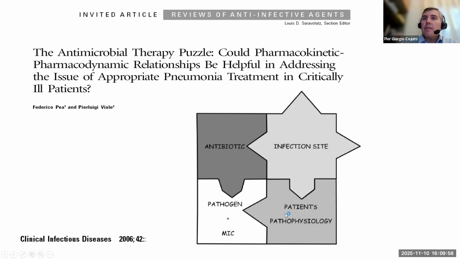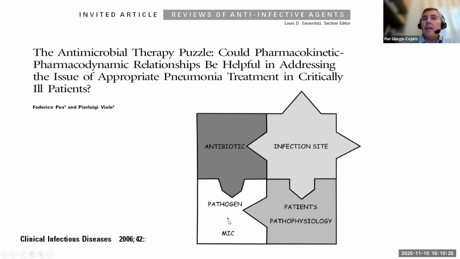The third part is the patient pathophysiology, and this is a very interesting part to consider. For instance, a patient with renal insufficiency, a patient with augmented renal function, a patient with drug-drug interaction should respond differently, and the antibiotic should behave differently, taking into account the patient's own characteristics.